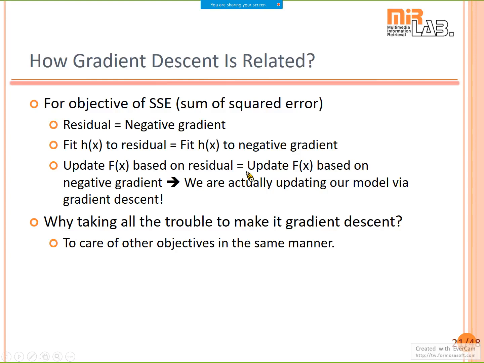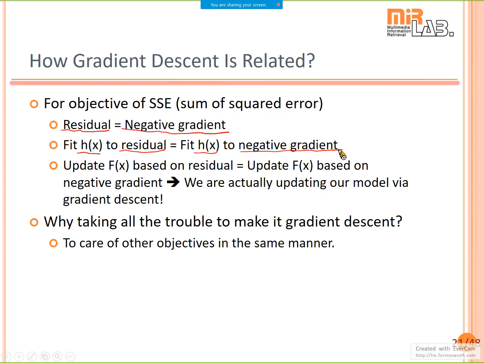So how come gradient descent is related? Here I'll give you a recap. The residual is equal to the negative gradient. So we can use the residual to fit another function or simple model, h of x. Fitting h of x to the residual is equivalent to fitting h of x to the negative gradient.